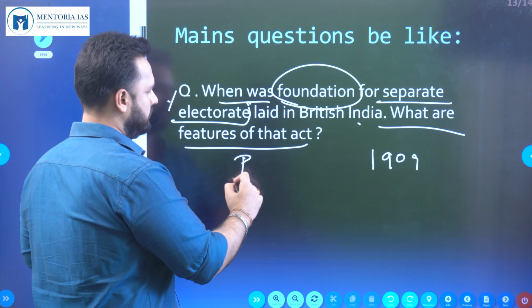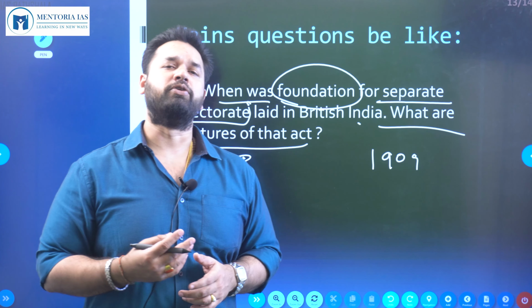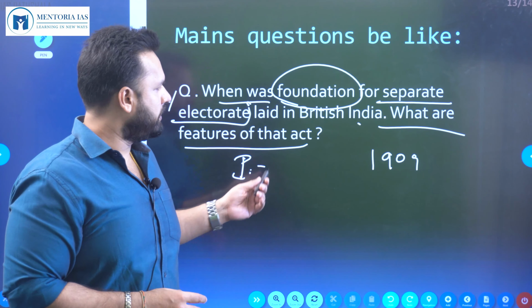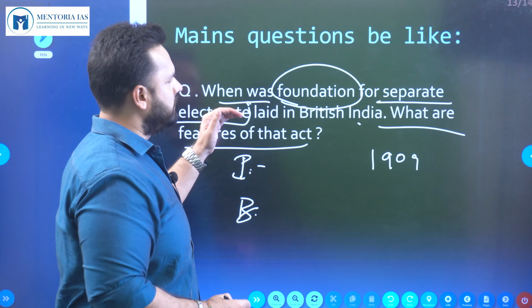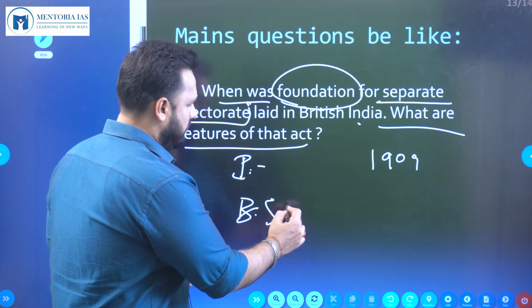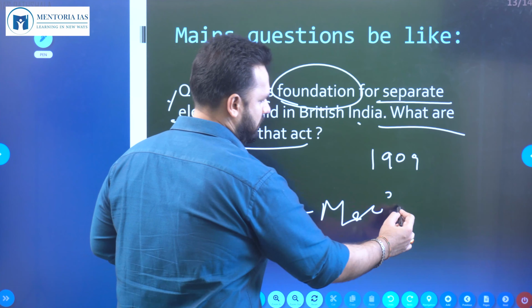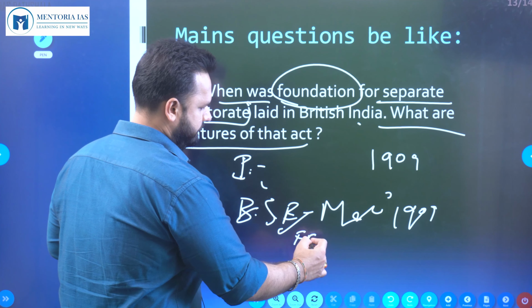So introduce saying that the 1909 act, called the Morley-Minto reforms, was passed by Minto and Morley. And then you introduce the topic and then you write the body, saying that separate electorate for the first time was introduced for Muslims and landlords in 1909. And then you move to the features of the act.